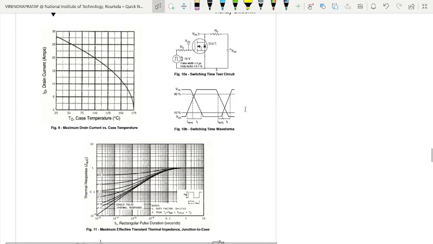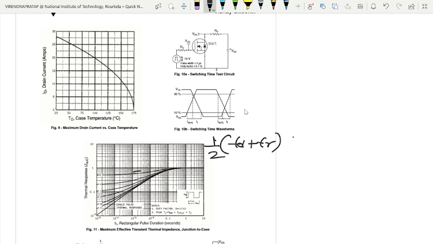Here we can see, in another datasheet, it is given in a different way. Here switching loss is 1 by 2, T delay and T rise time, into VDS, IDS, plus 1 by 2, T delay, T fall time, VDS, IDS, multiplied by switching frequency.